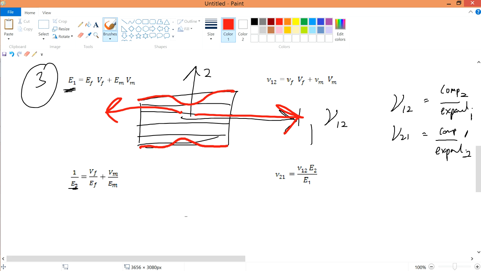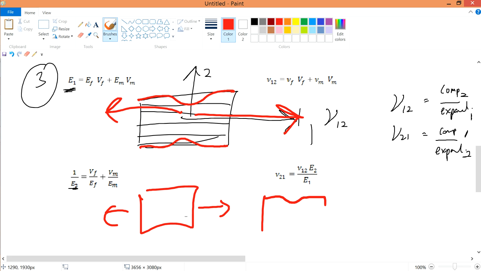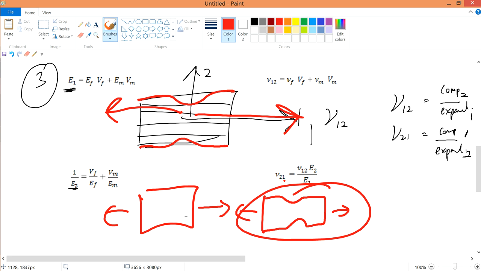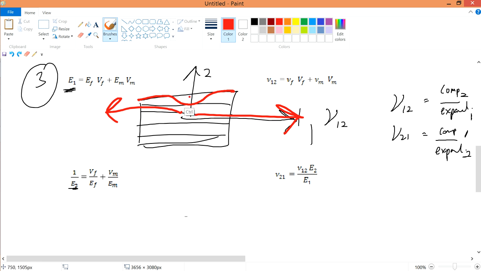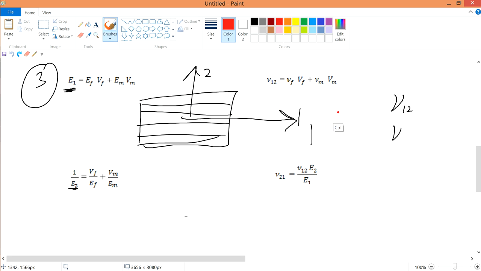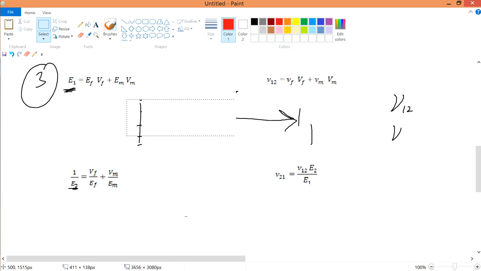When you start to pull this material, this part will start to tear apart, or in other words, it will become like that. Realistically that is the case, and therefore you're compressing in the two direction. The same thing applies for V21 as the minor Poisson ratio. I won't go through it, since I've been repeating it all along, but I just want to repeat it in case you forgot.